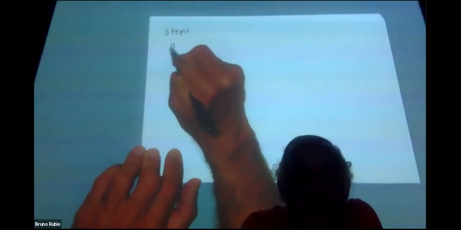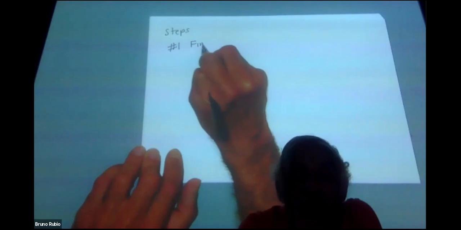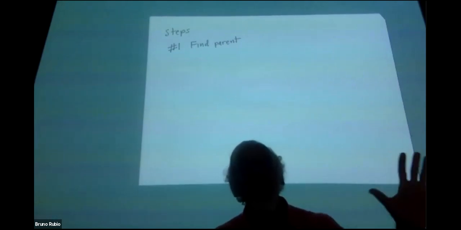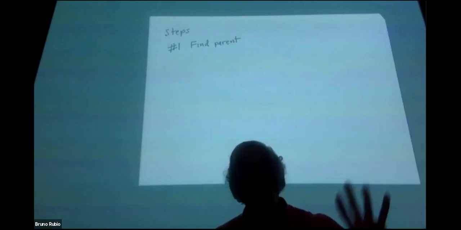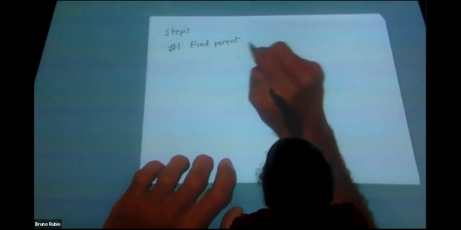Okay, step number 1. This is going to be find the parent in the name. And remember, the parent is the last occurrence of one of those parent syllables in the name that does not immediately follow a number or a replicating prefix. So let's just write that down to recap.